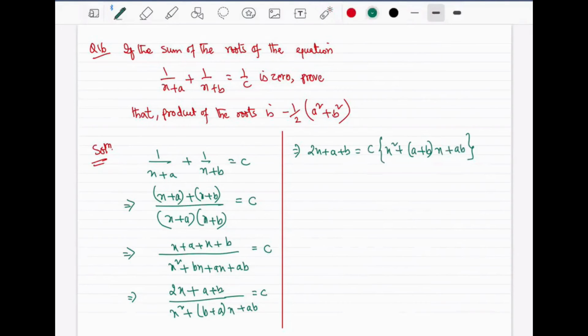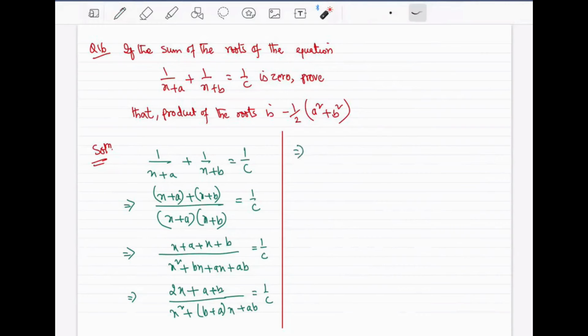Okay. So here, there is a little bit of a mistake here. It should be 1 by c. Okay, here it's 1 by c. So here this calculation, when you cross multiply, you are going to multiply c and this, x square and this denominator and this.